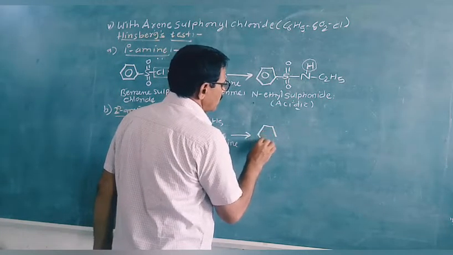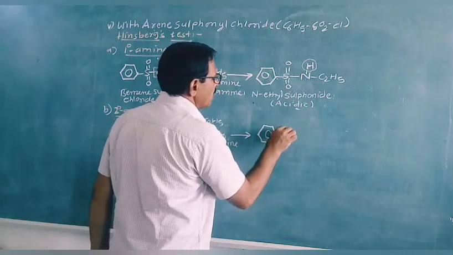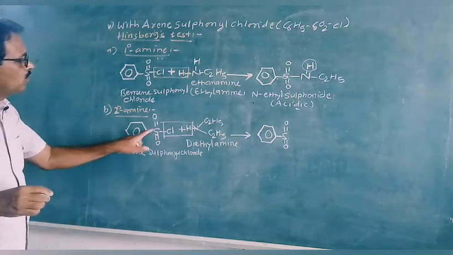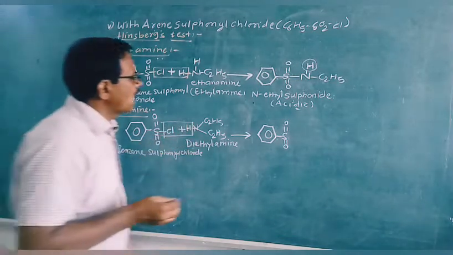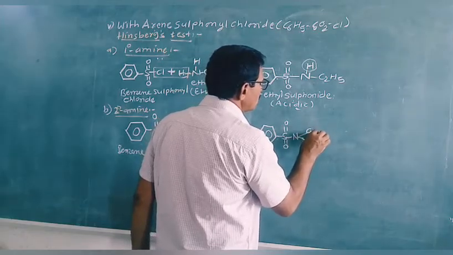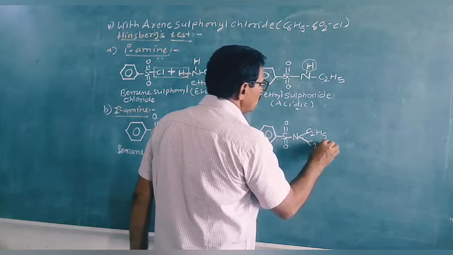here, see now, this SO2 group is the electron withdrawing group, and that remains inside. Now this sulfur atom is attached to this nitrogen atom, and here the nitrogen is attached to two ethyl groups.